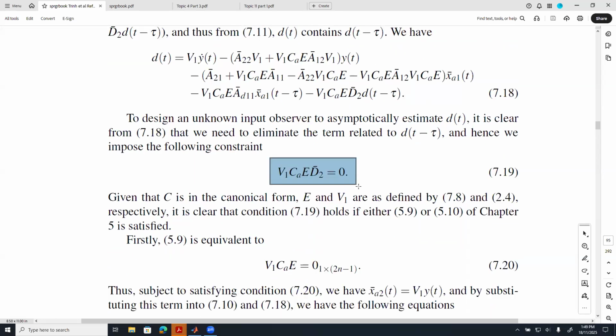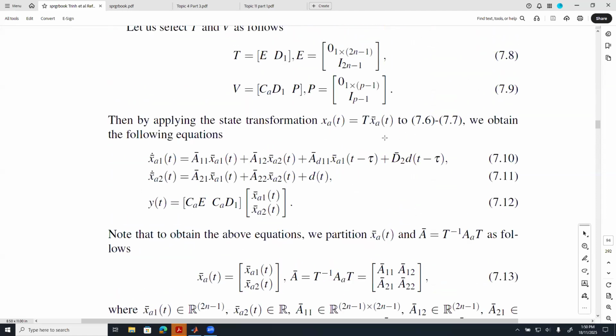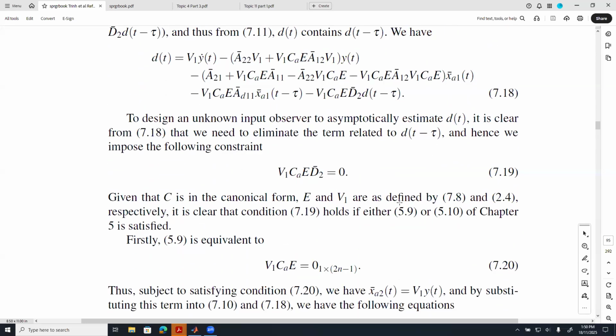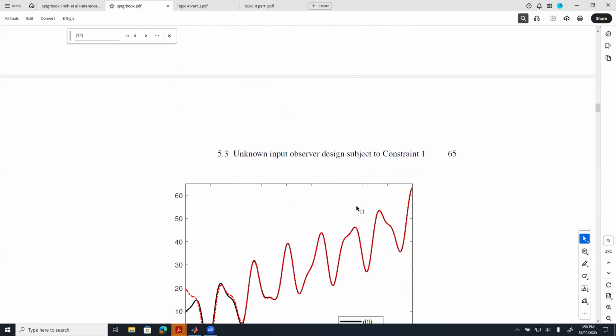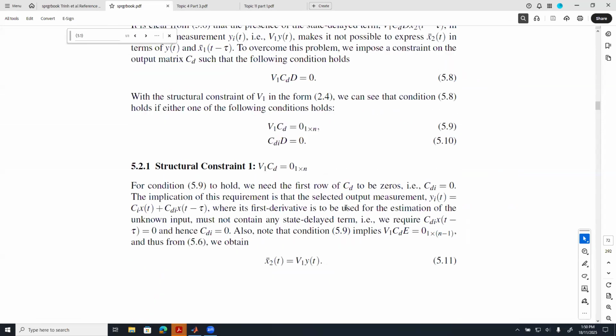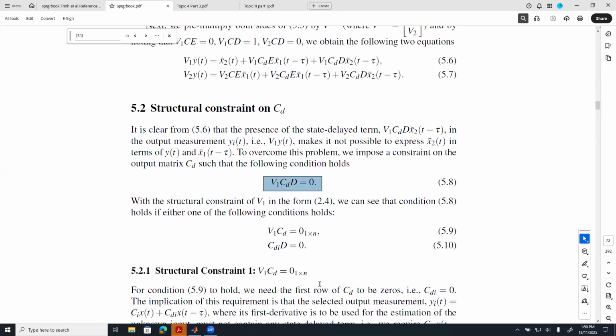Now, when we have this requirement, taking into consideration that the matrix C is in canonical form, matrix V1 is of specific structure which has the first non-zero element in its row matrix, and taking into consideration that matrix E is of this special form here, what we can then conclude is that these requirements are, in fact, the same as the requirement that we imposed in chapter 5, which is this requirement in here. It's equivalent to this condition, or these two are basically a consequence of this one.